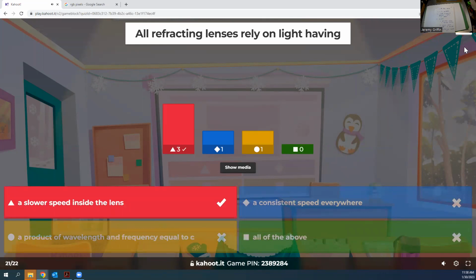Right? The fact that light slows down allows for refraction. If light didn't slow down, then you wouldn't get that refraction. If there's a consistent speed everywhere, there would be no refraction, so you couldn't magnify with a refracting lens. A magnifying glass wouldn't work, right? If it was the same speed, no refraction.